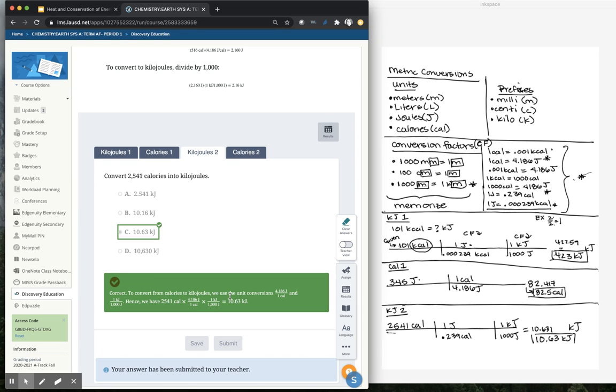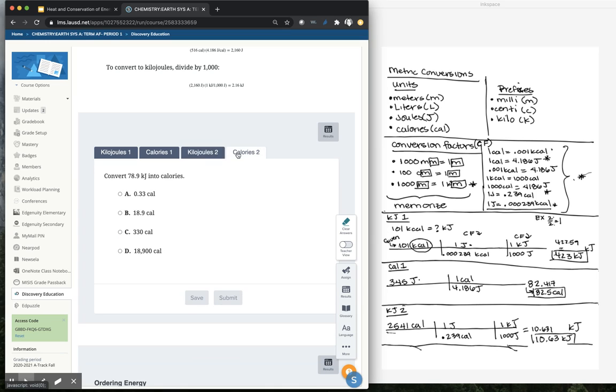Okay. All right. So let's go ahead and take a look at the last one. I'm running out of space here. So here is my last problem. It is the last tab, which is calories 2. So let's name that.